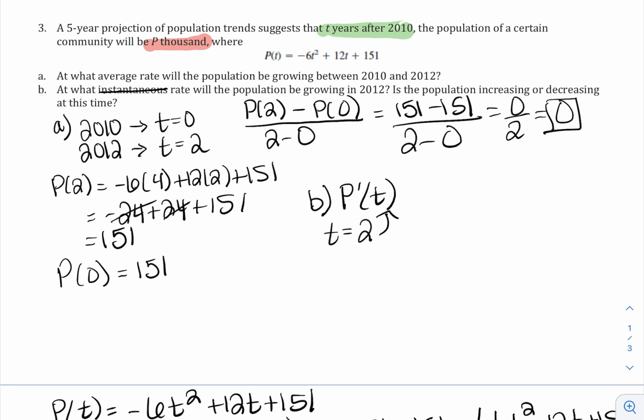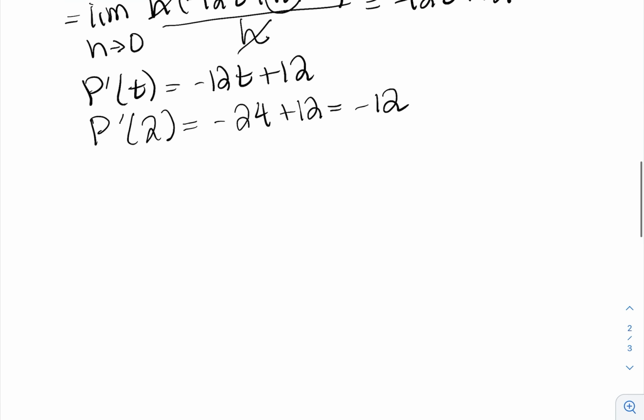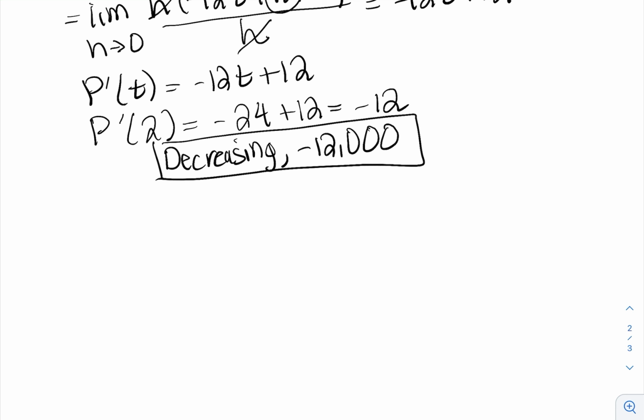So it's asking me, is the population increasing or decreasing? And the answer is decreasing because my rate of change is negative. It's decreasing by 12,000. And let's highlight the negative just to really emphasize it so I know it's negative, so I know it's decreasing.